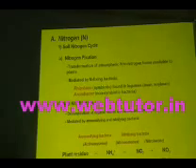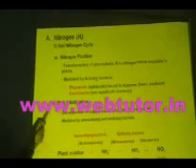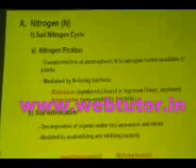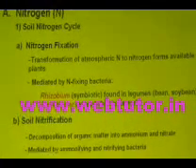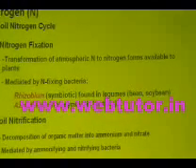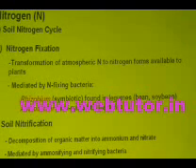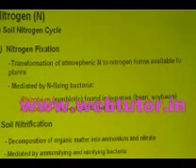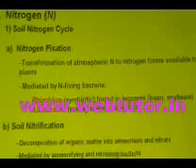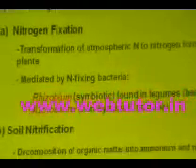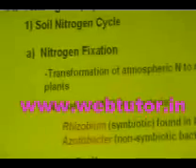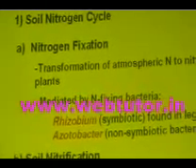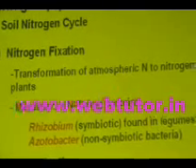Now what happens if nitrogen is not available to the plant in sufficient amount? I don't need to explain all the microorganisms involved, because I think we've done another chapter related to all those microorganisms. What is the first thing that will get affected? The primary thing, that is your synthesis of amino acids, synthesis of proteins.